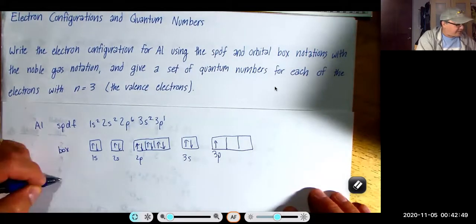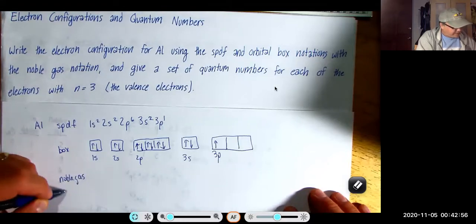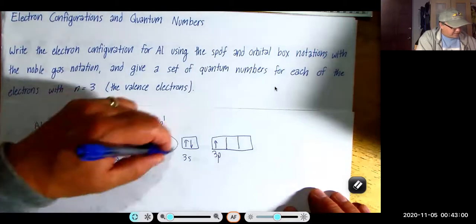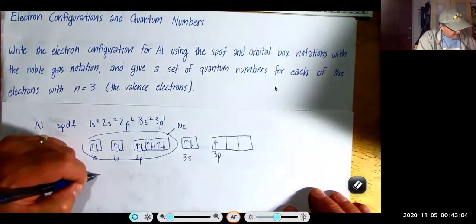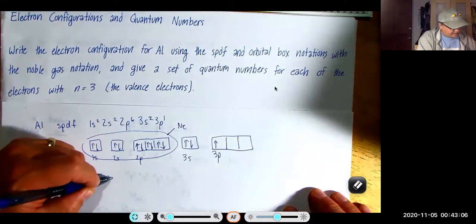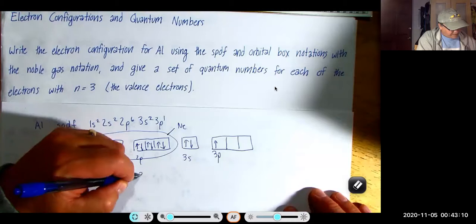And then if we do the noble gas SPDF, this part is neon. So we would write neon in brackets, and then we write 3s2, 3p1.